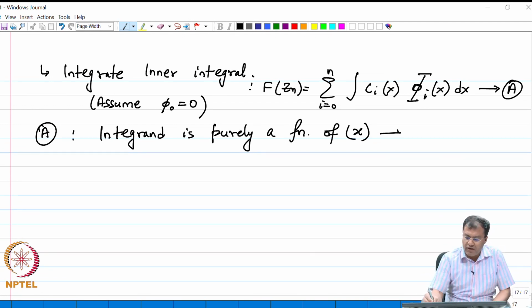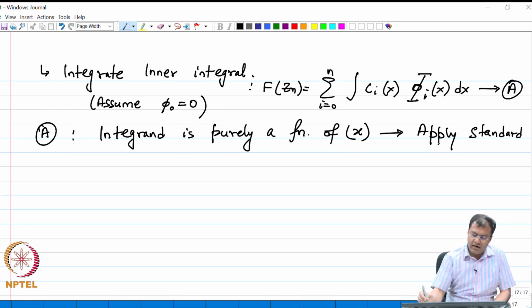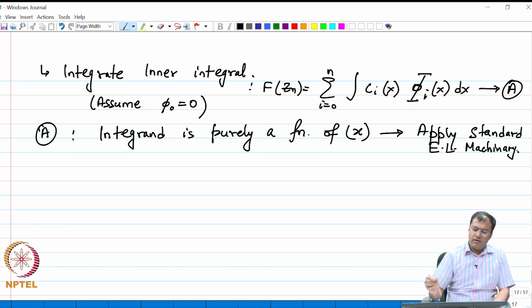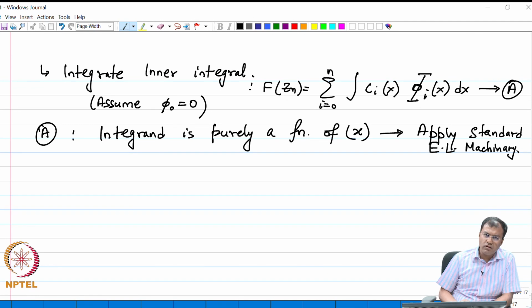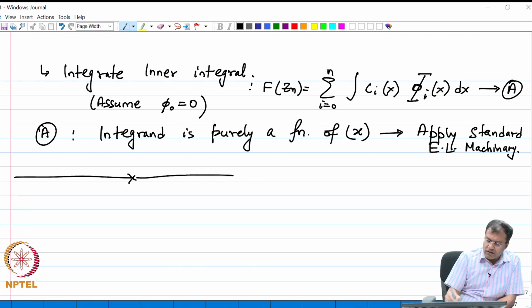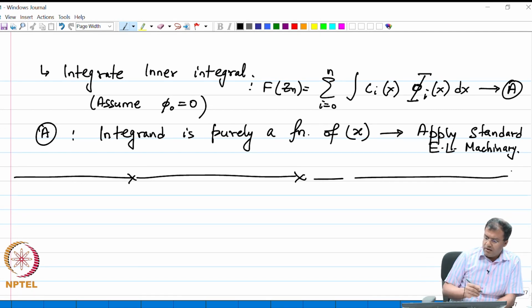From here we can start applying the standard Euler-Lagrange machinery to get the exact solution with respect to the variable x, or an approximate solution with respect to the variables x, y. Okay. So let me just highlight through an example what I just said.